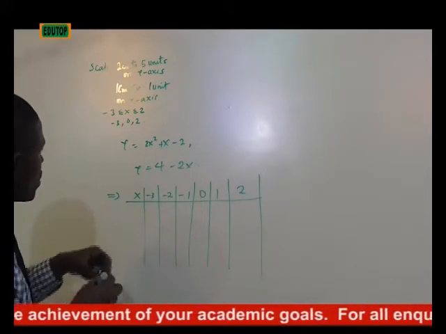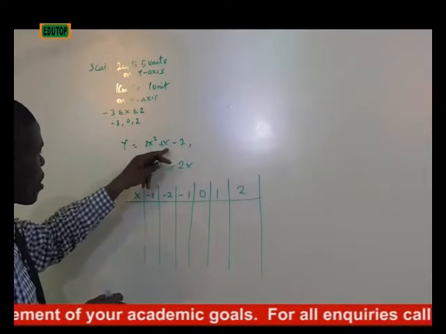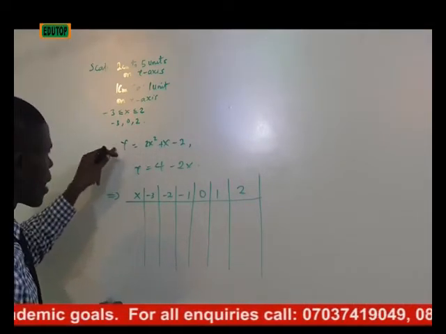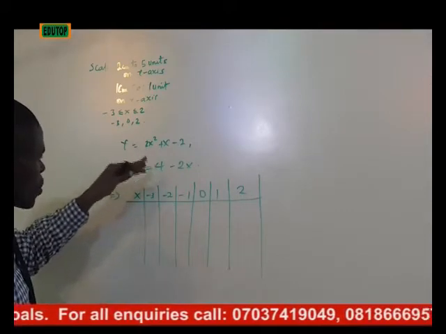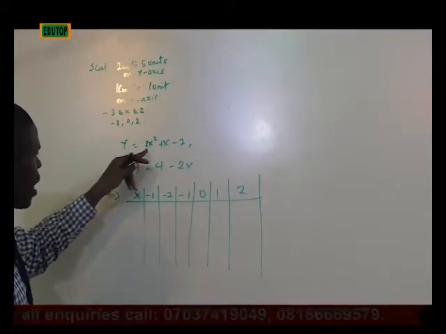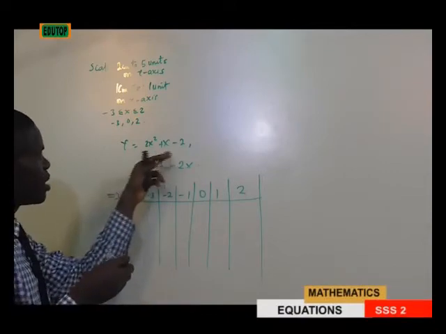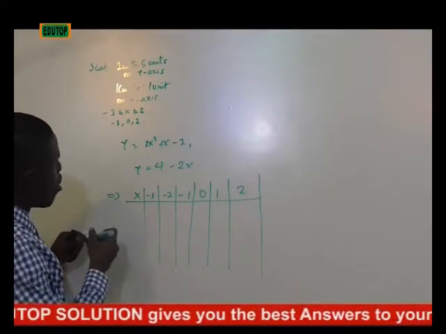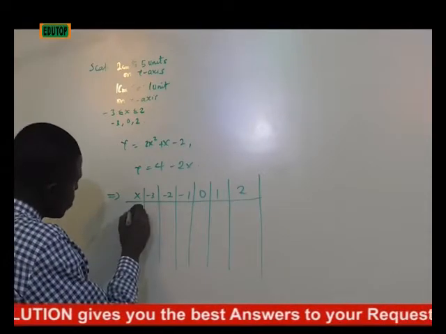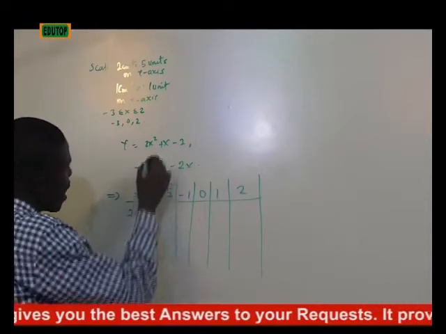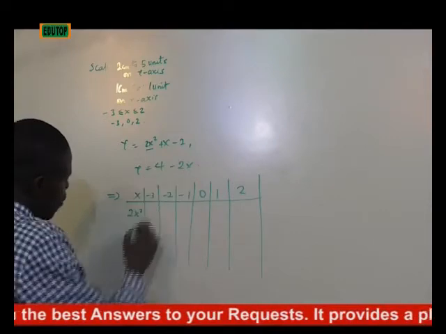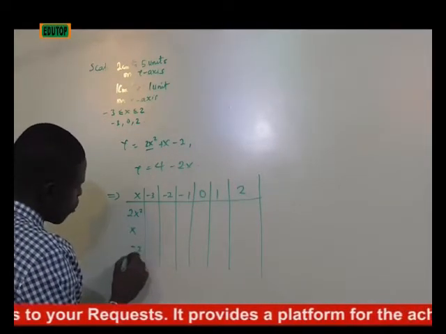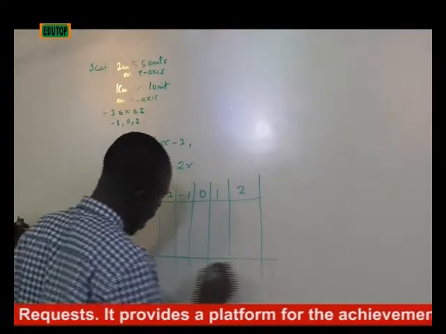So the first thing we do is that to solve this, to calculate our values for y conveniently, we have to resort to a particular method by arranging this in a fascinating manner, and that can be done by simply saying 2x squared, that's the next term here, then followed by x, then followed by minus 2 before we now have our y.